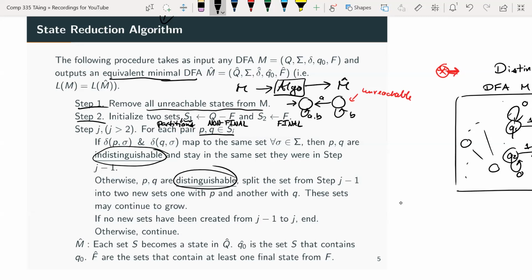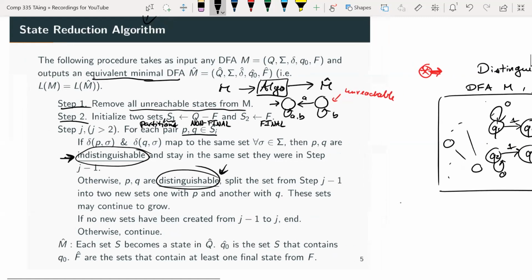If they're distinguishable, you're going to essentially split the partitions, and if they're indistinguishable, you're going to combine the partitions. But I don't expect you to understand what I mean by combine and separate right now. It becomes a lot clearer with the example that I'm going to present. But for now, what I want to explain to you is what I mean by indistinguishable and distinguishable states.